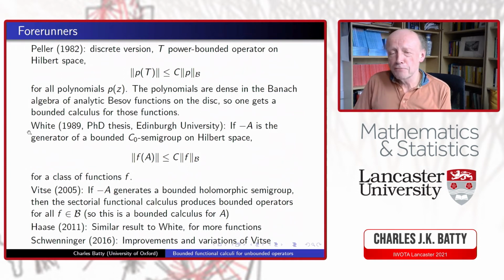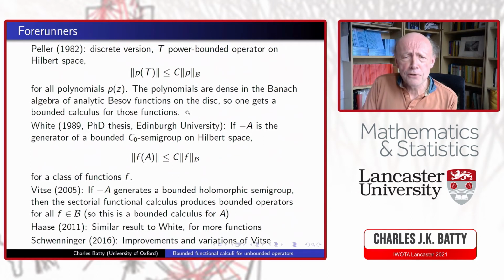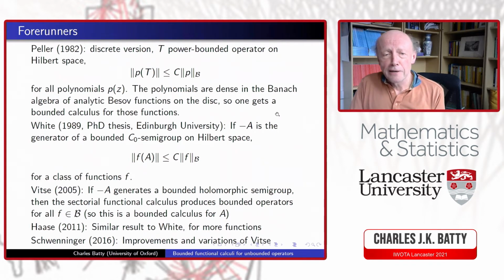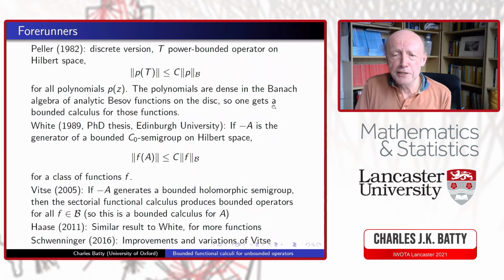Well, there was a good reason why they didn't cite White, because he was a PhD student in Edinburgh, and he decided before he finished his thesis that he wasn't going to continue in mathematics, so he didn't bother writing anything up. His PhD supervisor had a policy of not writing papers jointly with one of his own students, so it didn't get published in a journal.